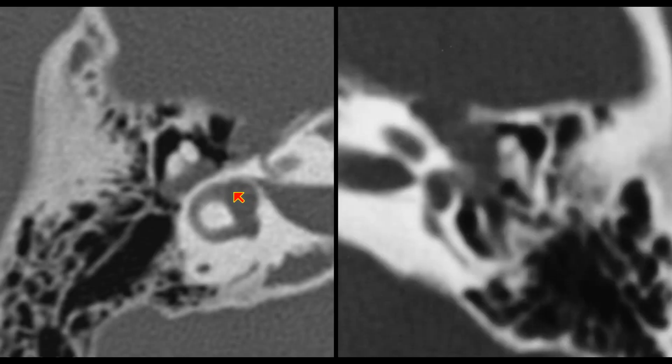And it's interesting when we think about pathology and how it interacts with surrounding anatomy. Here's an axial CT of the temporal bone, and we see the soft tissue mass that's pushing the ossicles out laterally. This lesion is displacing the ossicles, not destroying the ossicles like we see with this different pathology.